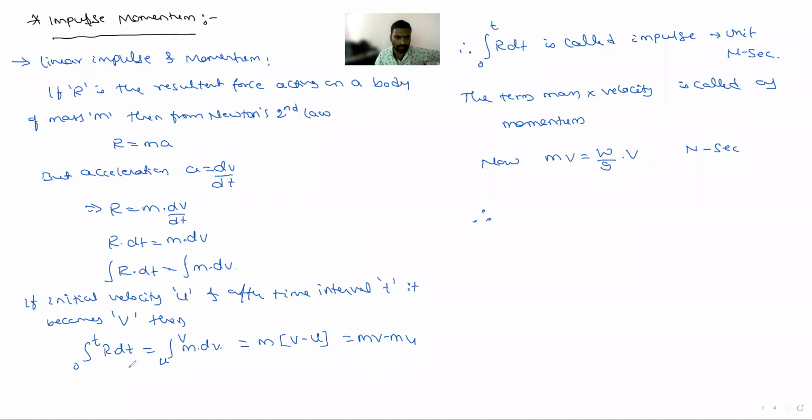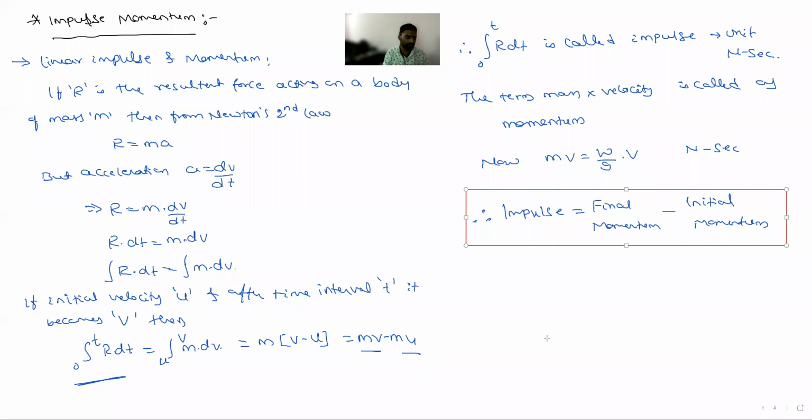So the left hand side is impulse. m into V is the final momentum, and m into u is the initial momentum. So impulse is equal to final momentum minus initial momentum. This you have to remember. To solve problems, you should remember this formula.